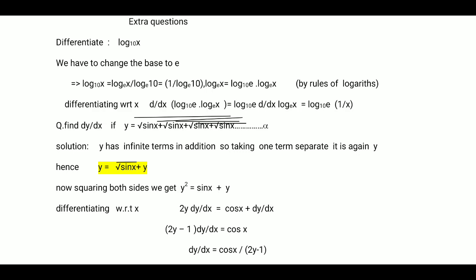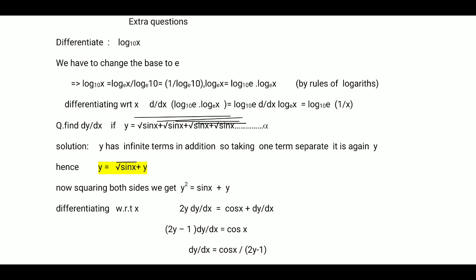This is the result. Now there is another type of question. Find dy upon dx if y is equal to under root sin x plus under root sin x plus under root sin x plus under root sin x, and so on up to infinity. Here the roots are nested, so y has infinite terms.